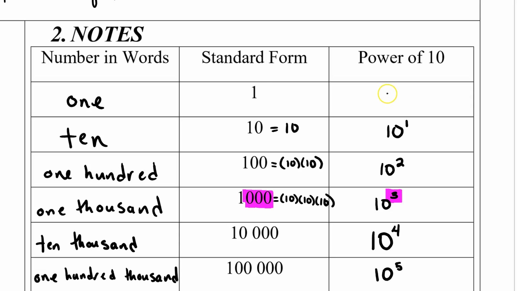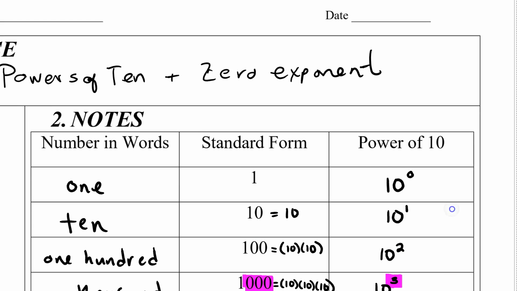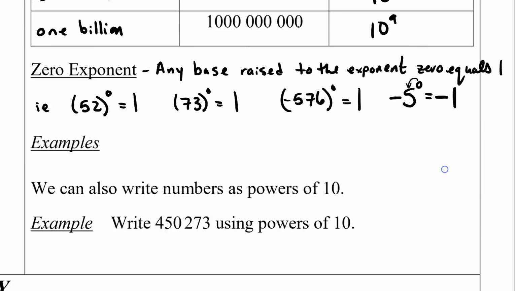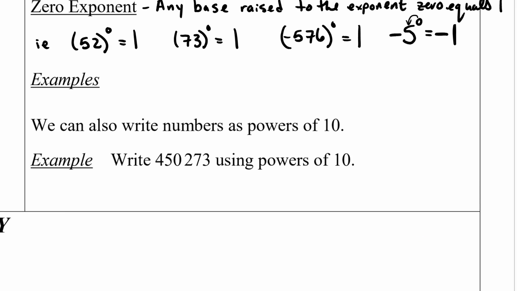If our base is 10, to get to 1, we would raise it to the power of what? That's right, 0. 10 to the power of 0 is 1. Anything raised to the power of 0 is going to be 1. But we were specifically talking of a power of 10, so we know that the base has to be 10. All right, so let us begin.